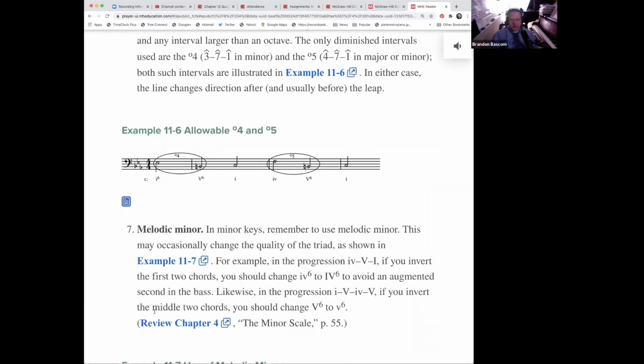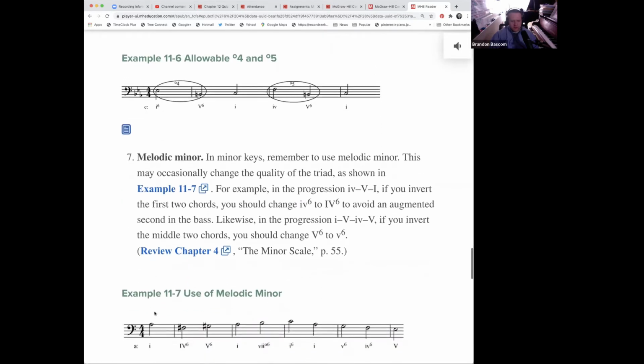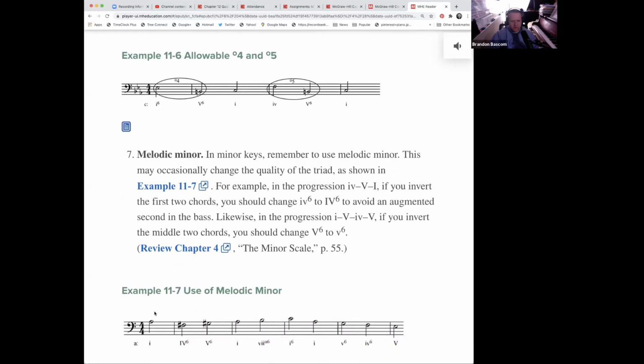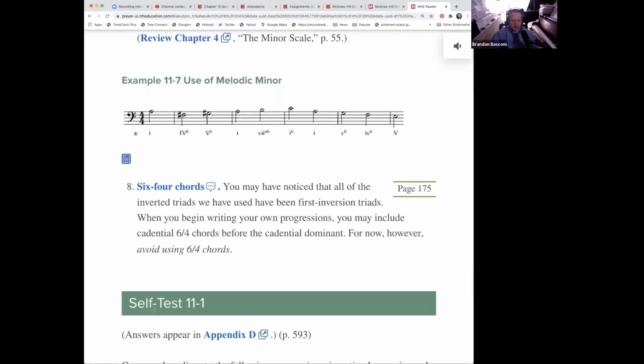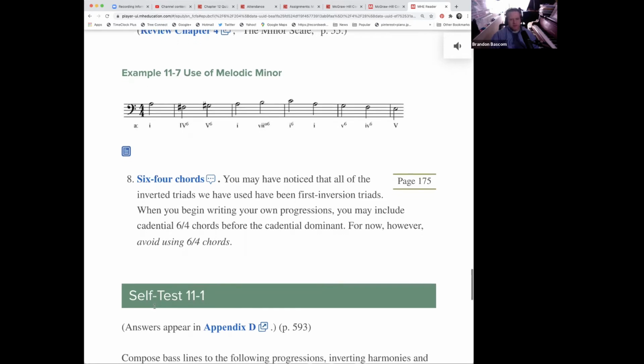When we're in minor, we want to be in melodic minor. They want us to avoid the 6/4 chords that we talked about in chapter 9. But you can have a cadential 6/4 at the end, right?